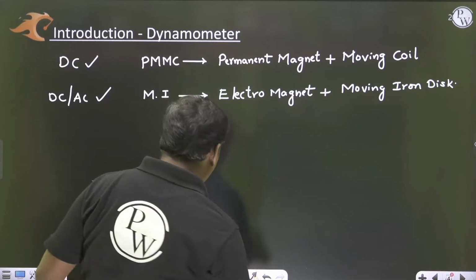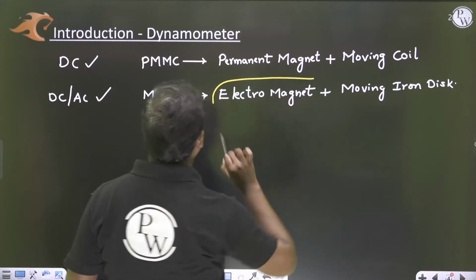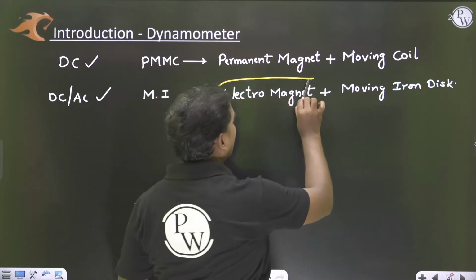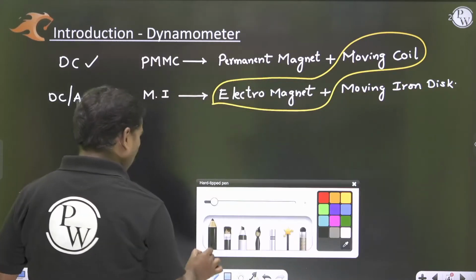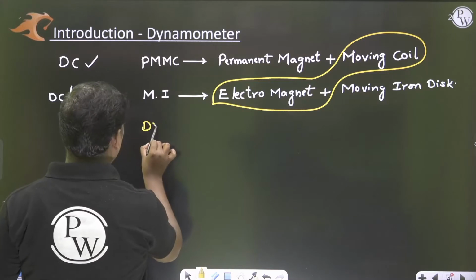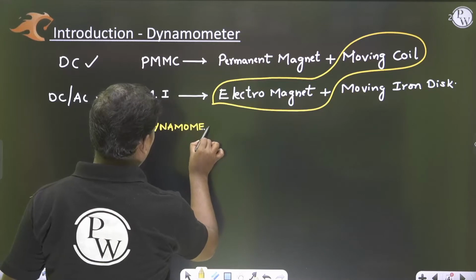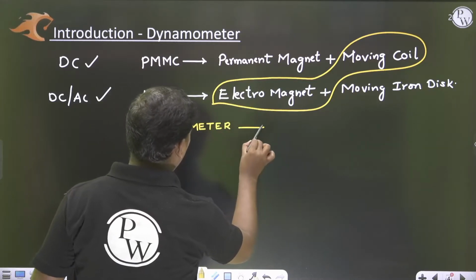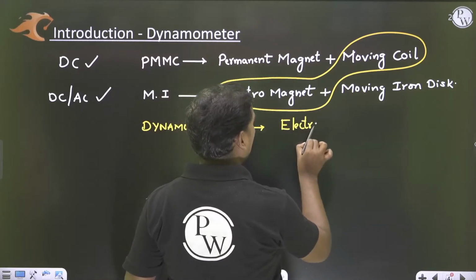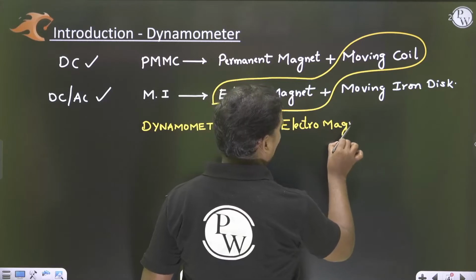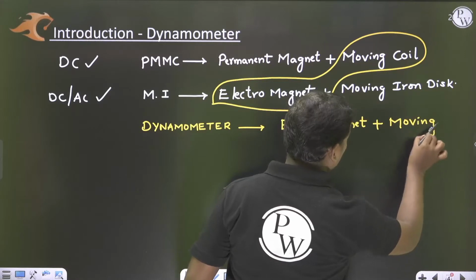Now, dynamometer. What is a dynamometer? Dynamometer will take the feature of electromagnet from the moving iron instrument and will take the feature of moving coil from the PMMC instrument. So all together, the dynamometer is a combination of electromagnet and moving coil.